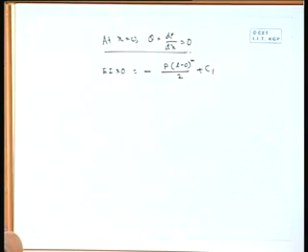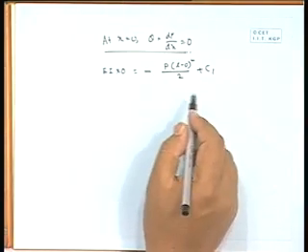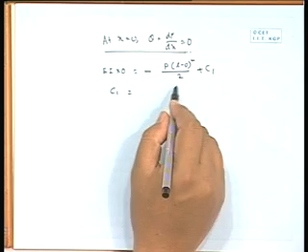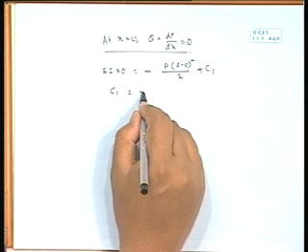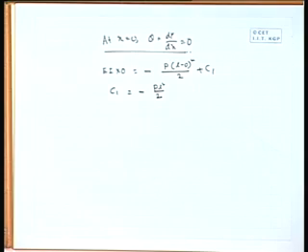Okay. So, the left part will be entirely 0, and C1 we can write in terms of minus P L square divided by 2.